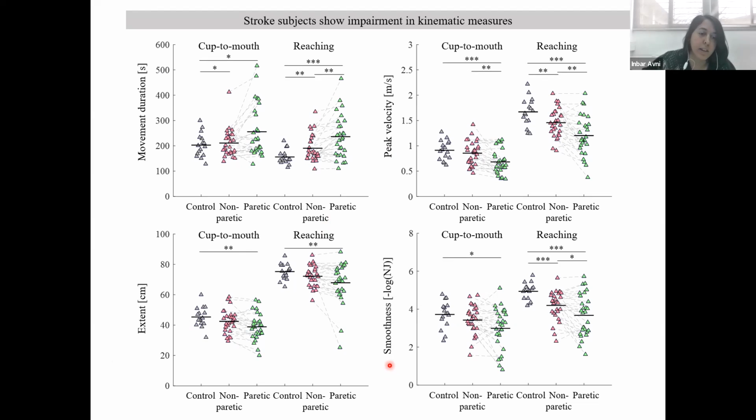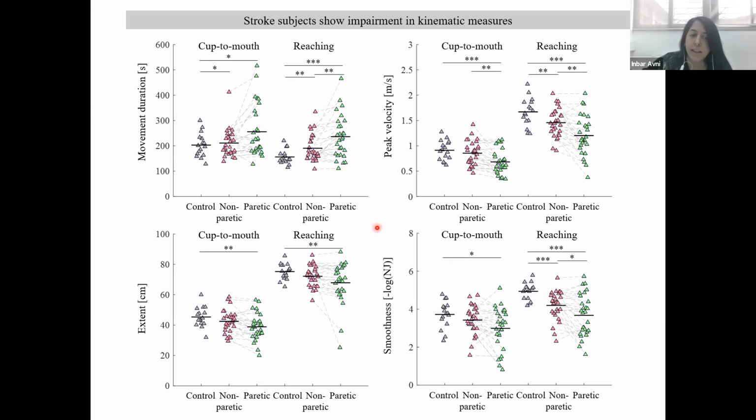And as you can see here, for actually all of these measures, there were very significant differences between groups. All of the ANOVAs here are significant. Also, when you directly compare the controls to the paretic side of the stroke subjects, this is significant.